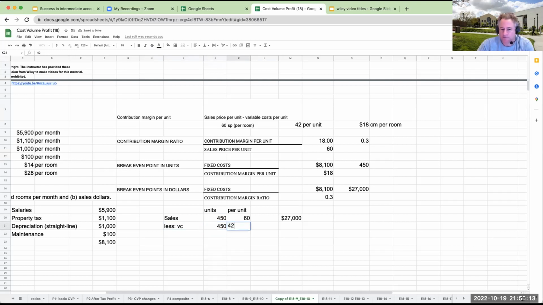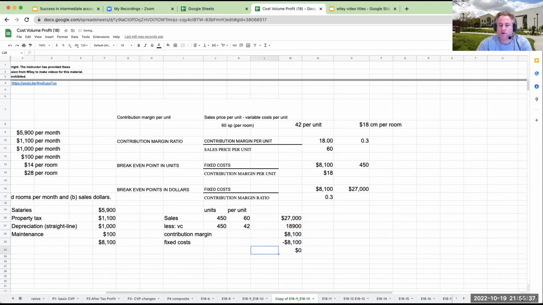My per unit variable cost is 42, so 450 times 42 is 18,900. My contribution margin is going to be 27,000 minus 18,900, which is 8,100. When I subtract my fixed costs of 8,100, my net income, or break even, is going to be 0.